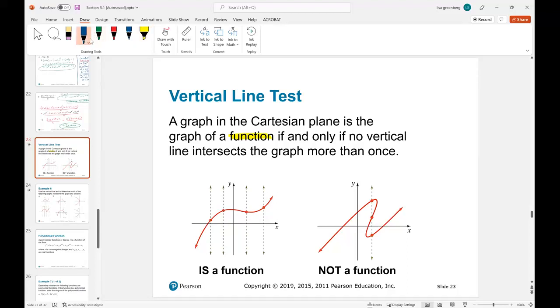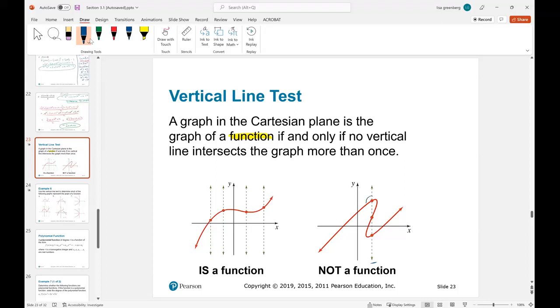So if I look at this first one, every vertical line, all these green lines are vertical lines, and every one of them just hits that graph in one place, which makes it a function. And over here on the right, if you notice where this dotted line is right here, it actually hits the graph in 3 places.